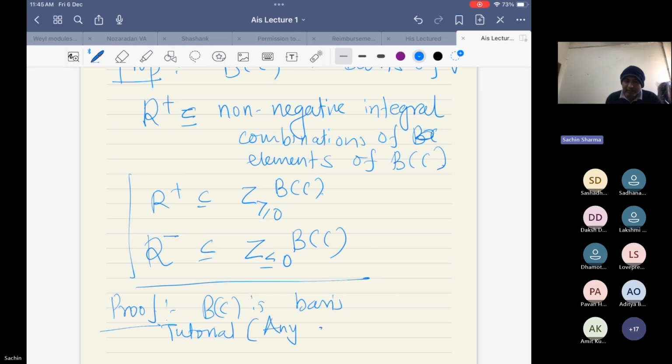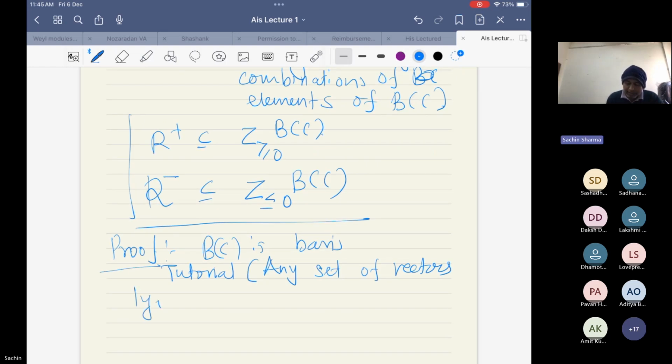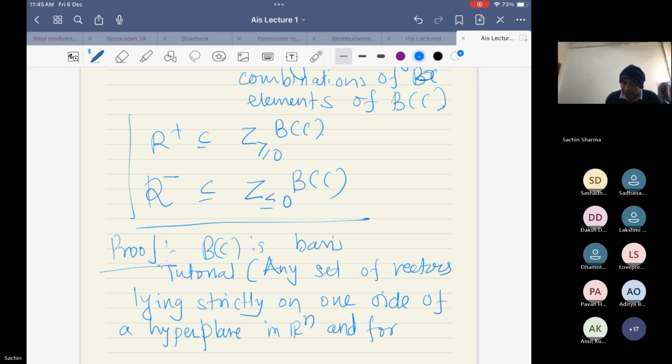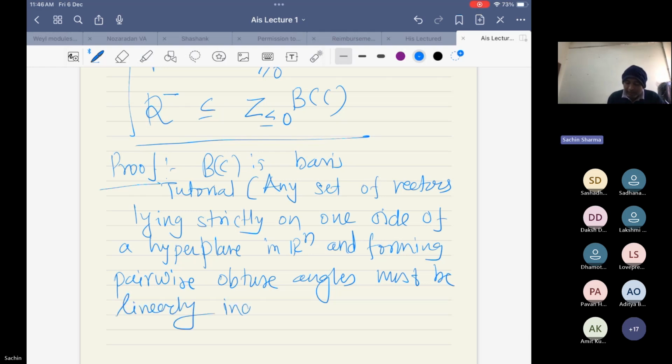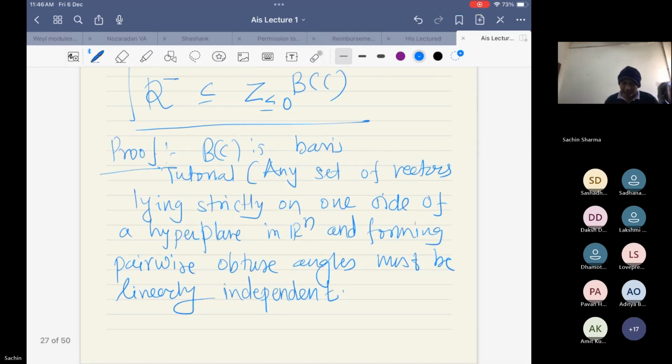The statement there is that any set of vectors lying strictly on one side of a hyperplane in Rn and forming pairwise obtuse angles must be linearly independent.